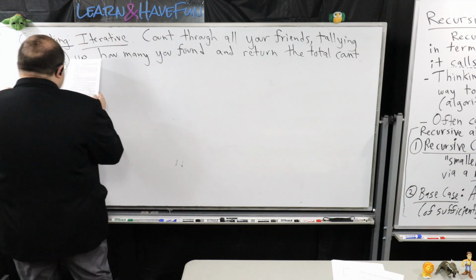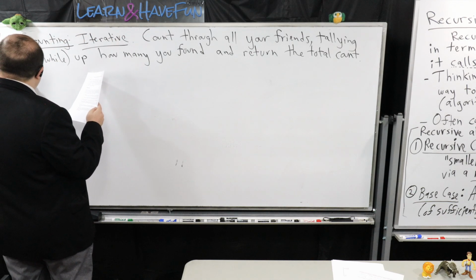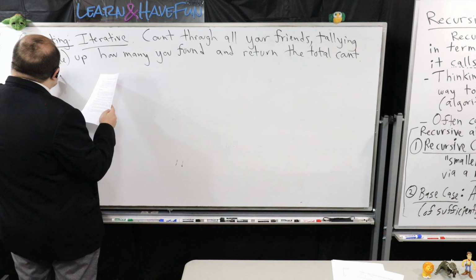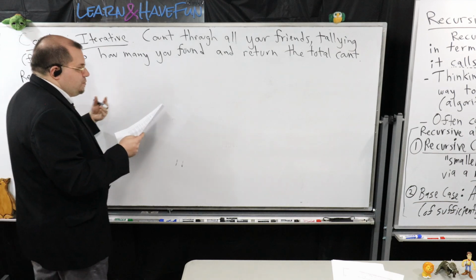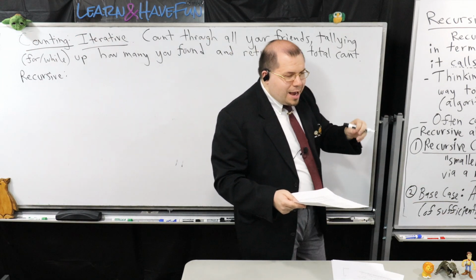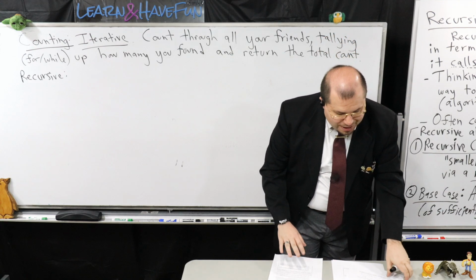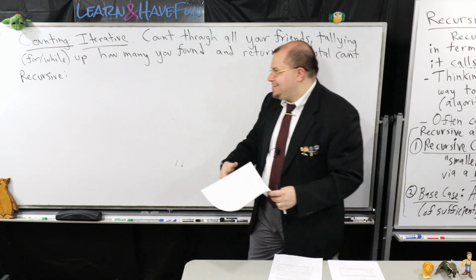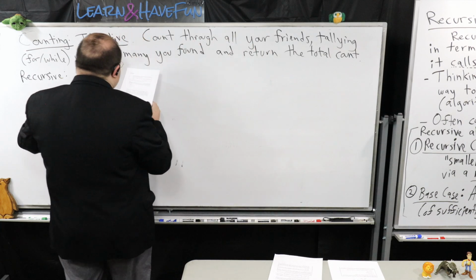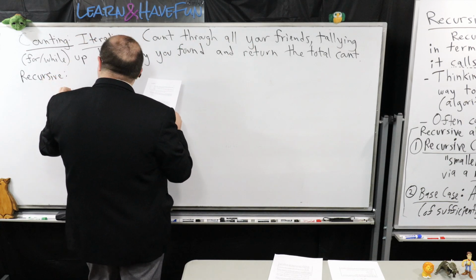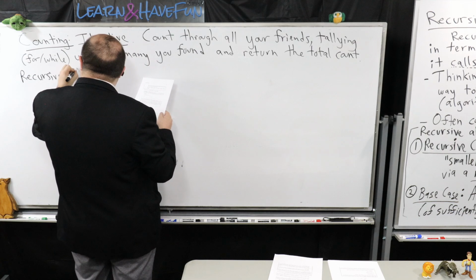Now, a recursive way. Rather than giving you a lengthy explanation of what I just described, I'm just going to write it out in terms of the base case and the recursive case so that you can identify this process. Here's a recursive way of thinking about this.